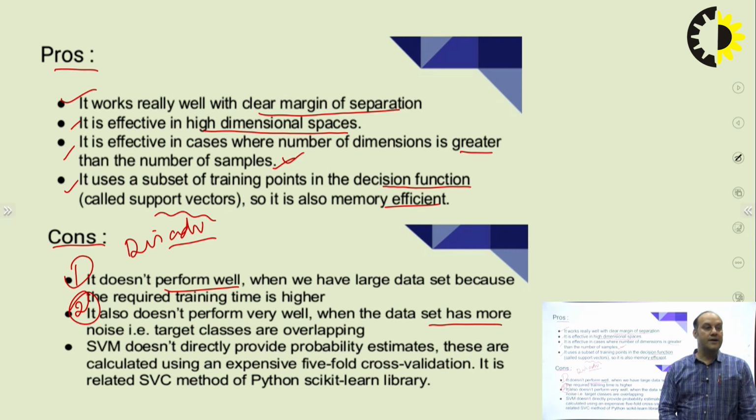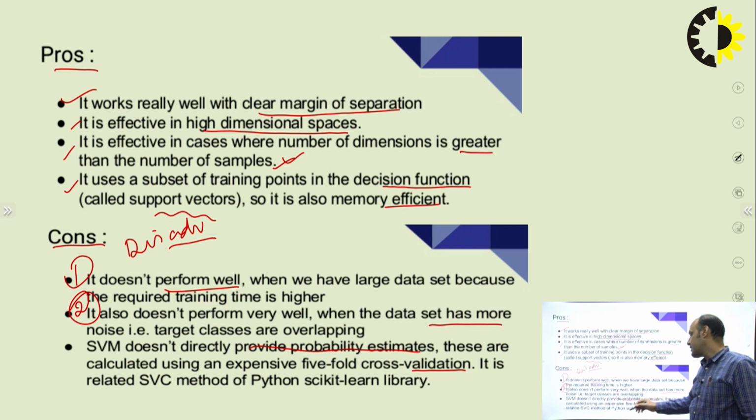Third disadvantage is that SVM does not directly provide probability estimates. It does not provide probability estimates. Means if some attribute is missing, we cannot estimate. For that, Bayesian classification is best preferred. These are calculated using expensive 5-fold cross validation. These are the techniques, so it is very expensive.